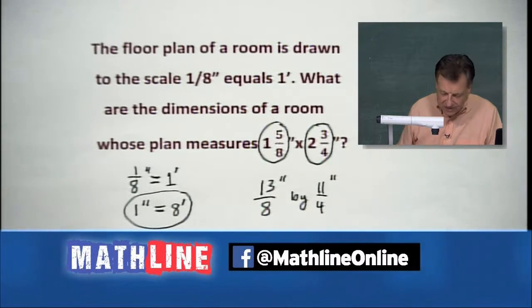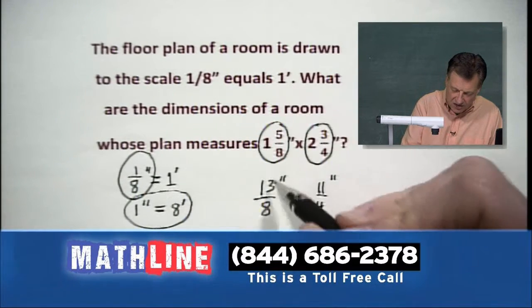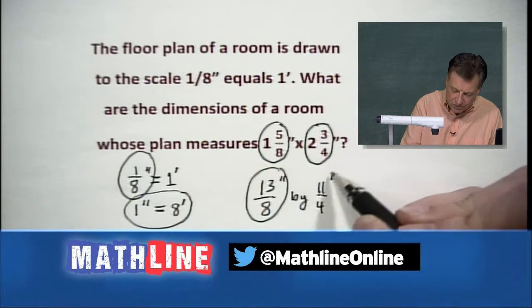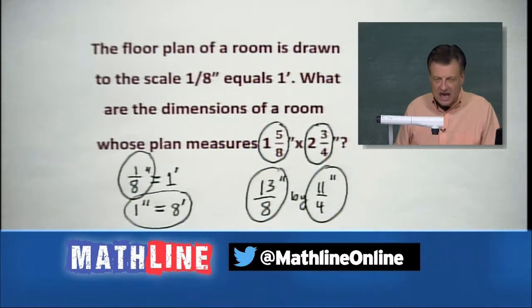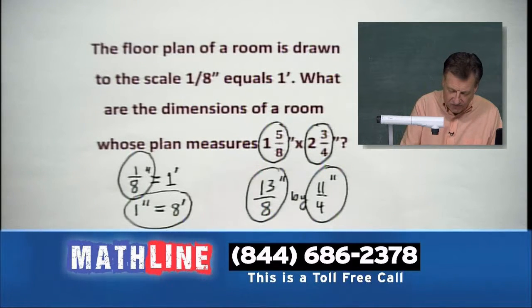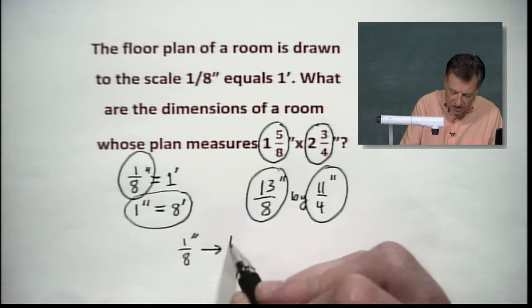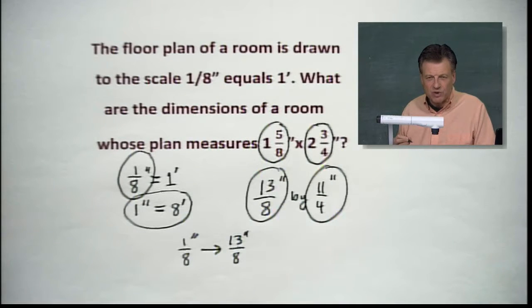11/4 inches. Now, what you need to do is realize that this is the scale that these are both working on. So you want to come up with some way to transport from this 1/8 inches to 13 inches over 8. It's kind of we're playing a ratio game here.